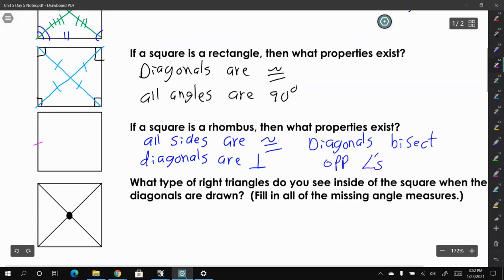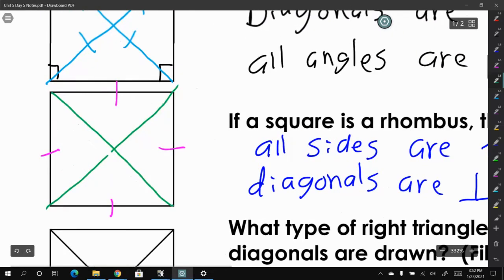So what that would look like is we would have all four of our sides congruent. We would then draw our diagonals. Our diagonals are perpendicular, and our diagonals bisect these opposite angles.